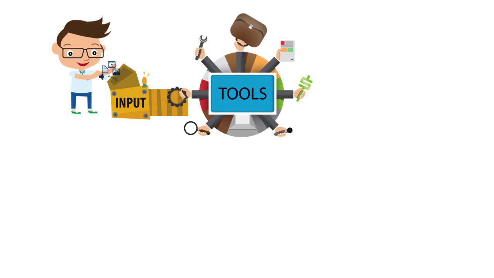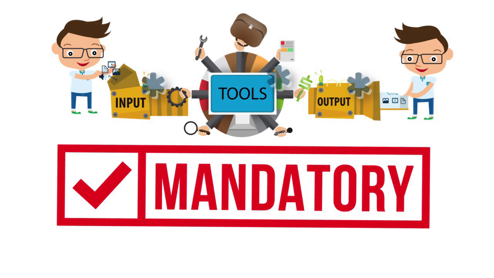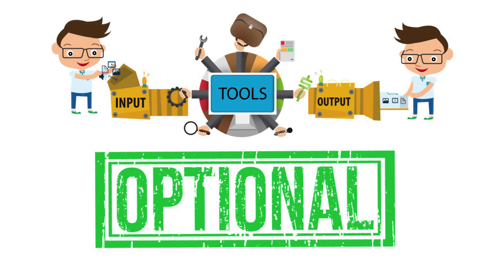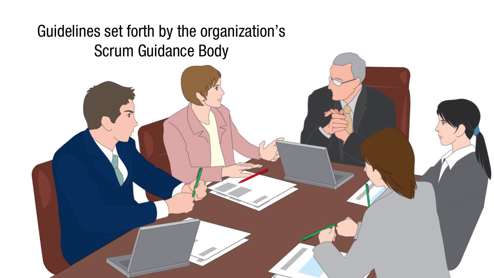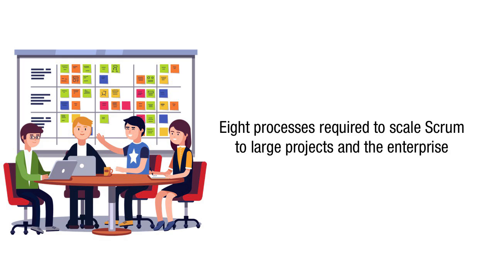Some inputs, tools, and outputs are mandatory and are indicated as such with asterisks. Others are optional, depending on the specific project, organizational requirements, and/or guidelines set forth by the organization's Scrum Guidance Body or SGB. Chapters 13 and 14 cover the 8 processes required to scale Scrum to large projects and the enterprise.